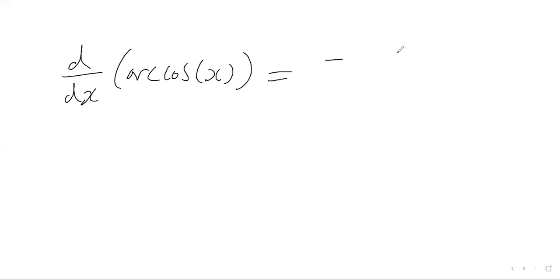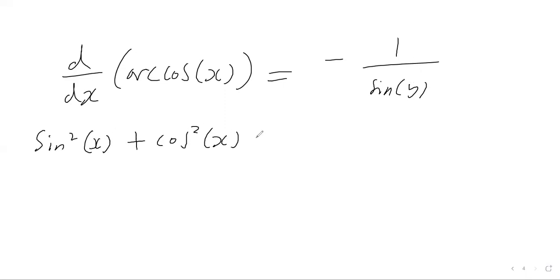So the derivative with respect to x of arccos of x is -1 over sine of y. But we've got this y variable, which we don't want because we're dealing only with the x variable. So we need some trig identities like before. Like in the arcsine derivative video, we use sine squared plus cos squared equals 1.